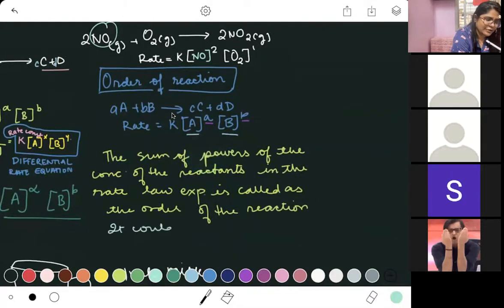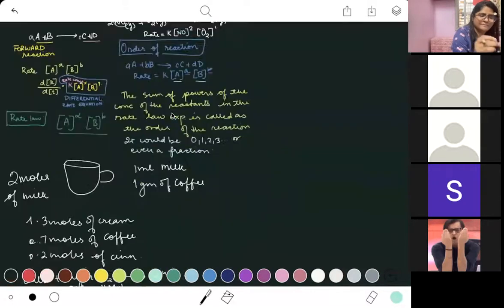It could be 0, 1, 2, 3, or even a fraction. Easy peasy.